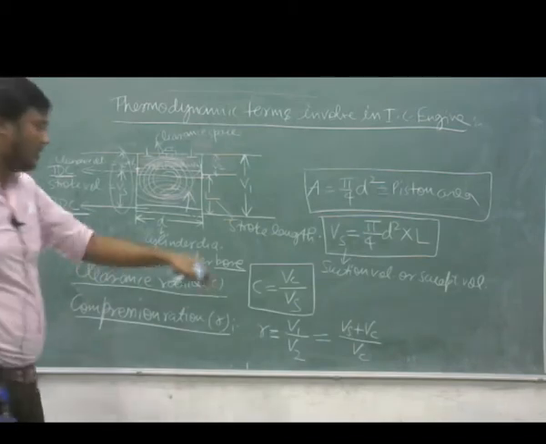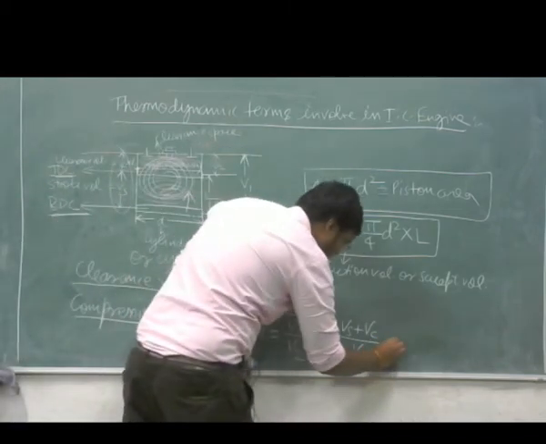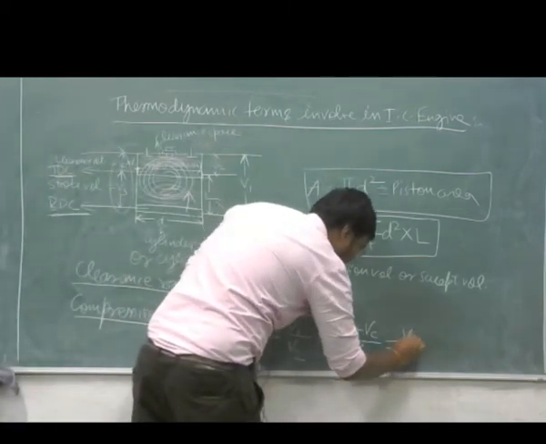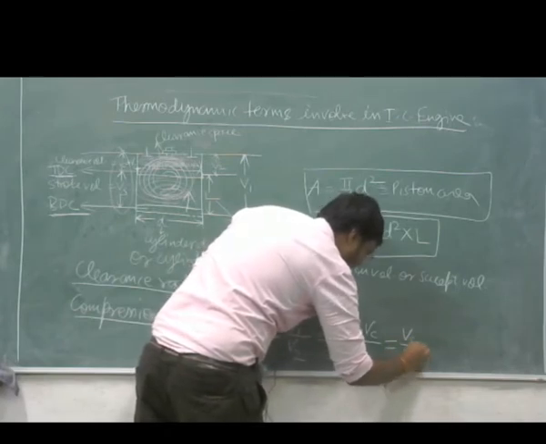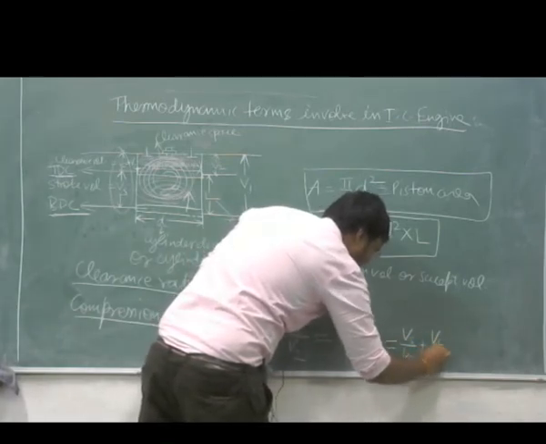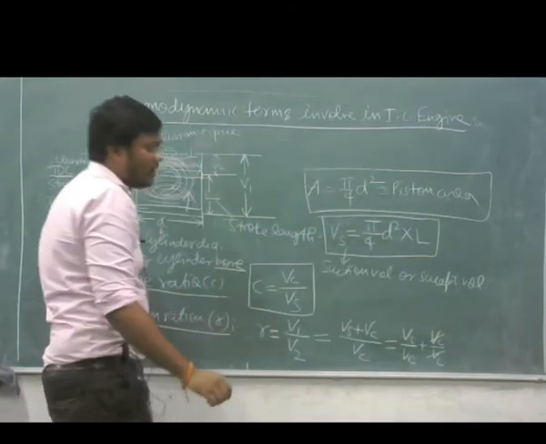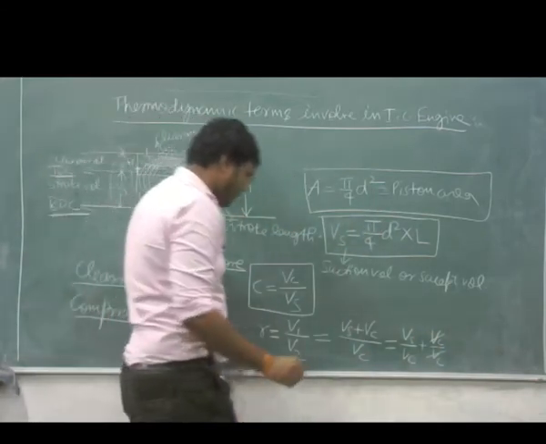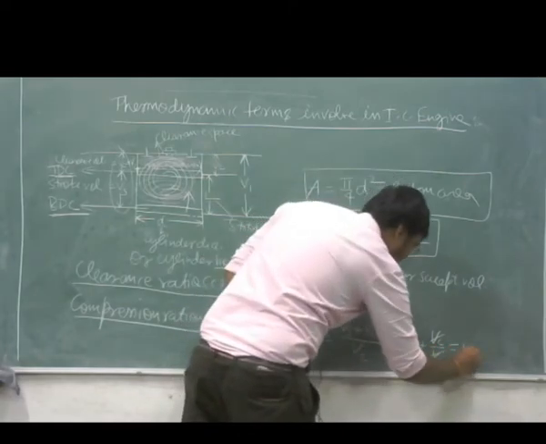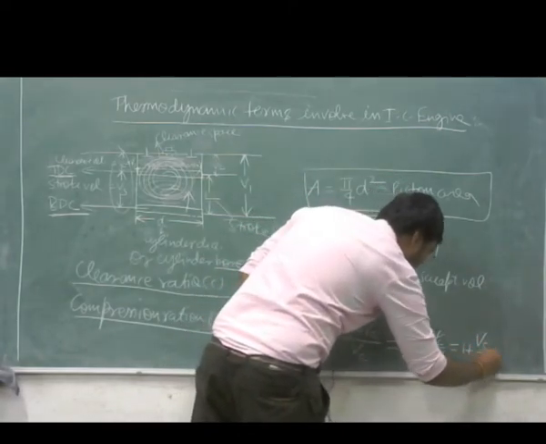Okay, when we further simplify, we get Vs by Vc plus Vc by Vc. Vc cancels, so this will come 1 plus Vs by Vc.